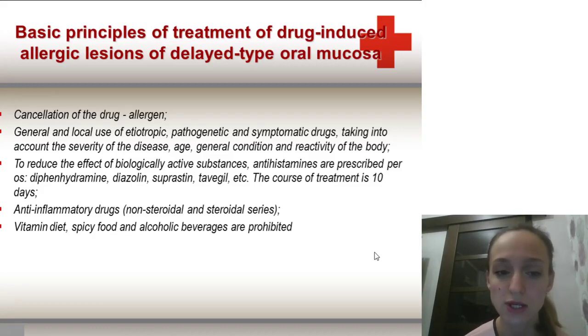To reduce the effect of biologically active substances, antihistamines are prescribed per os. The course of treatment is a minimum of 10 days.